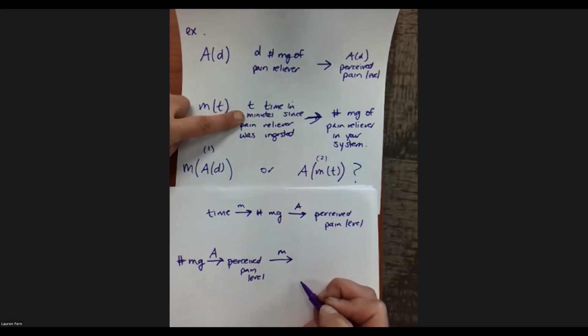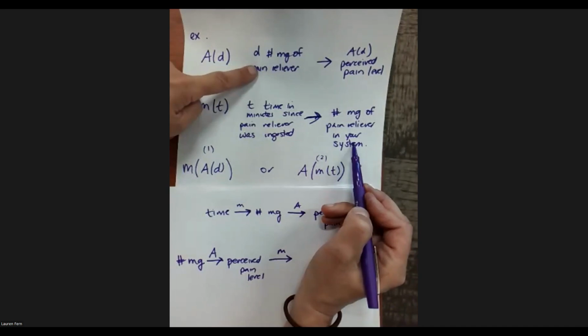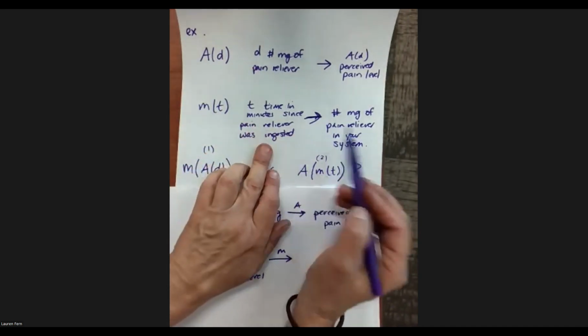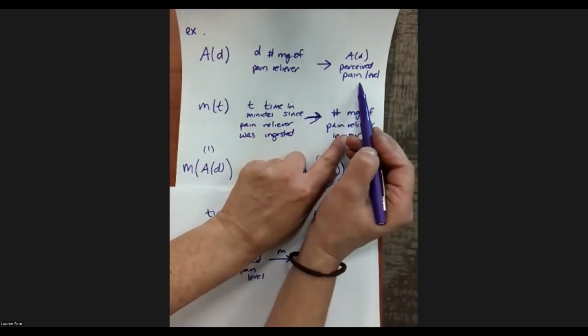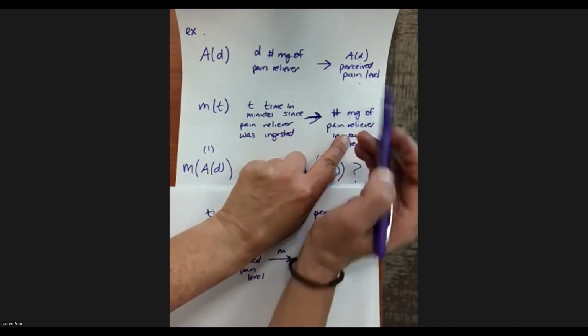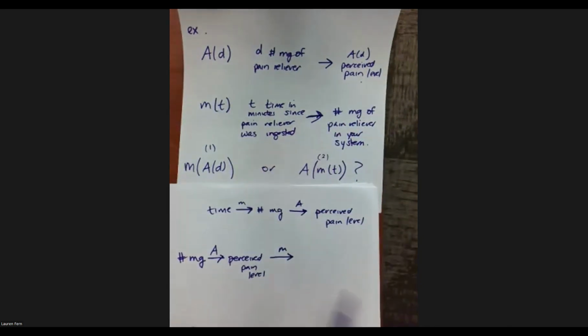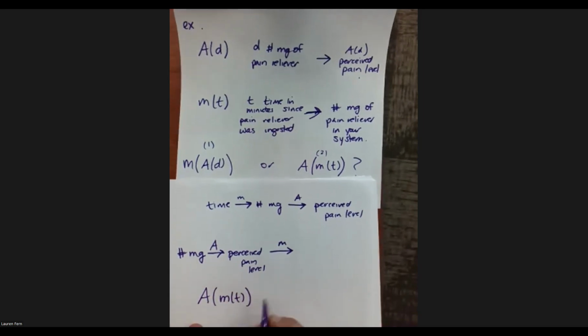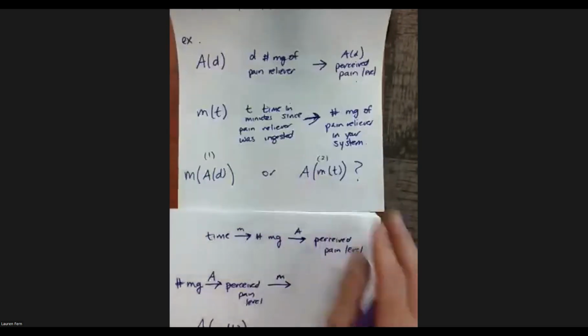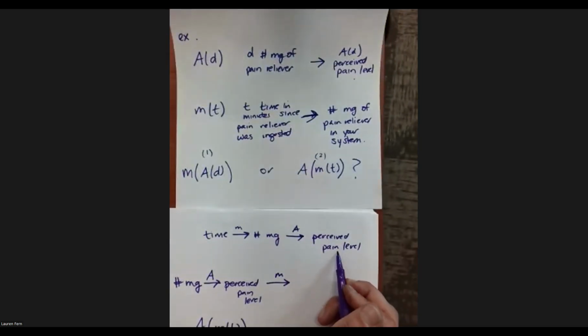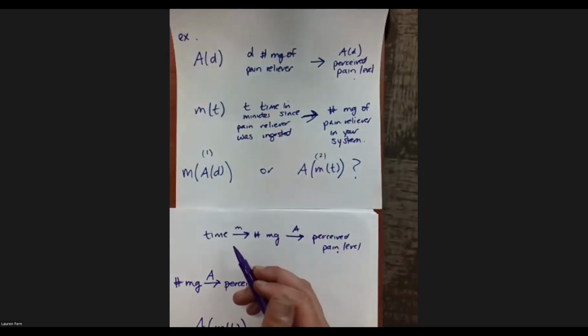No, the input for M is time, not perceived pain level. So it has to go from here to here and then to here. Now, what does A of M of T mean? Essentially putting it together, isn't it the perceived pain level after T minutes of ingesting your pain medication?